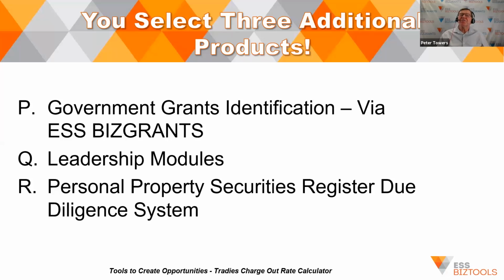And the personal property securities register due diligence system. Very important for a lot of your tradies who can get caught out on preferential payment claims if their client happens to have a liquidity event and they have a liquidator or receiver or trustee in bankruptcy appointed.